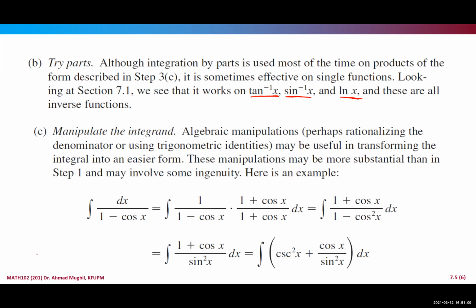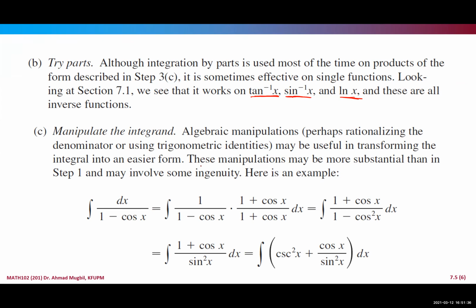Manipulate your integrand. Try to play with your integral. Perhaps you may multiply by the conjugate, you may rationalize the denominator, you may use trigonometric identities. Use all the algebraic tricks that you have learned before: multiplying by a number, dividing by the same number, adding and subtracting the same number, adding a 0 or multiplying by 1, and all the algebraic manipulations.